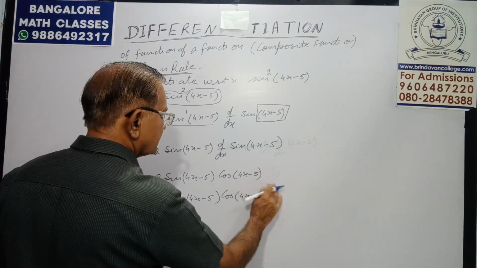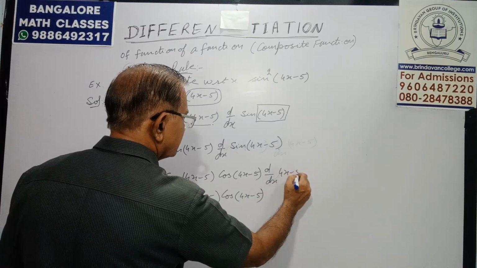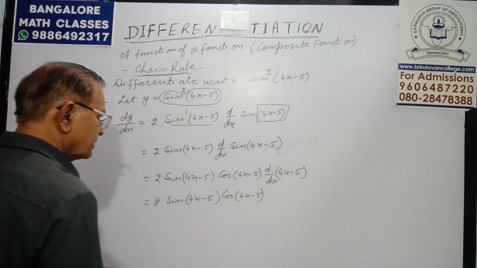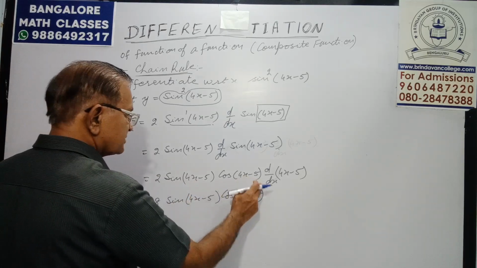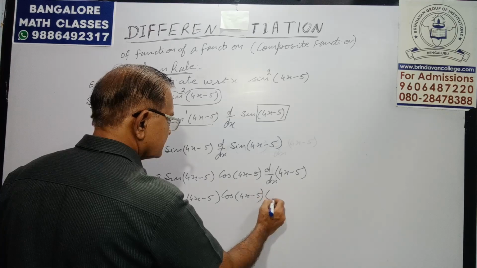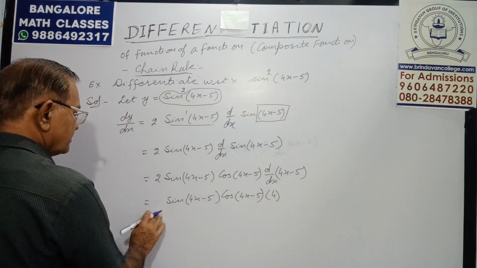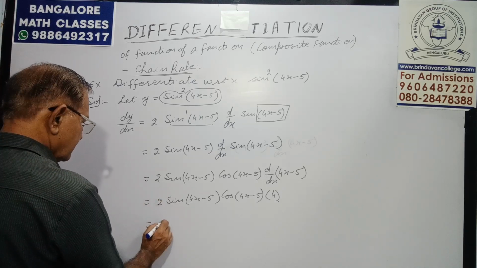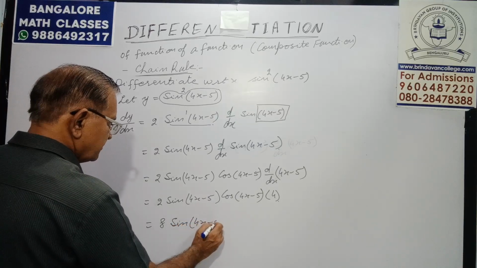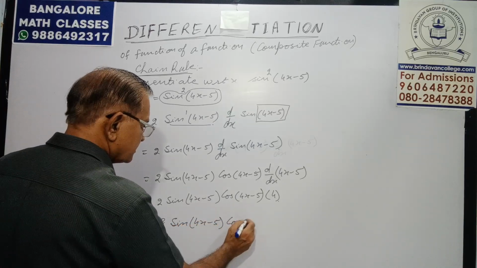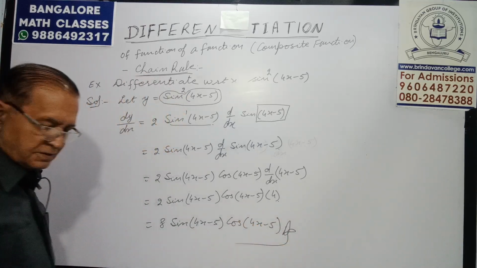Then here instead of directly 4, I should have put d dx of 4x minus 5, which means I want to add one line. So thus we'll get 2 sine 4x minus 5 cos 4x minus 5, its d dx as 4. For 5 it will come out to be 0. So then in the next line write down 8 sine 4x minus 5 into cos 4x minus 5. So that will be the answer.